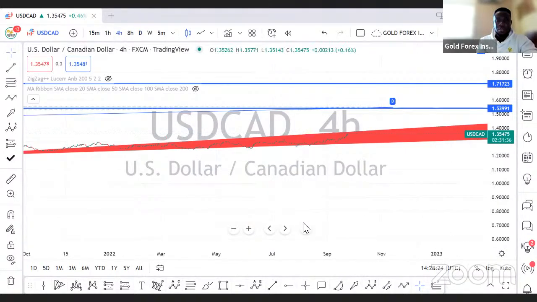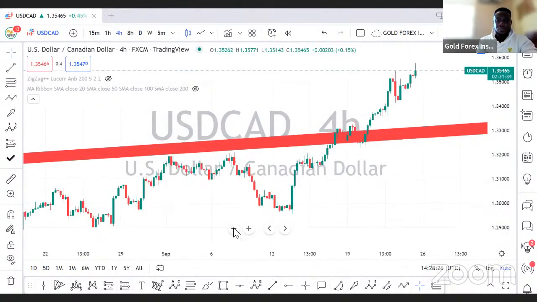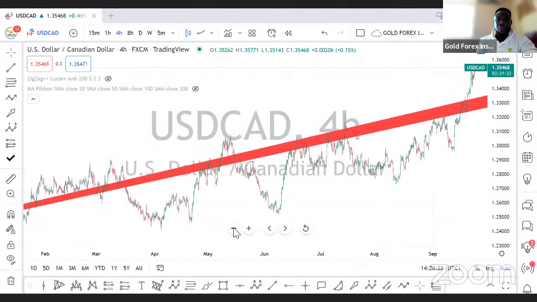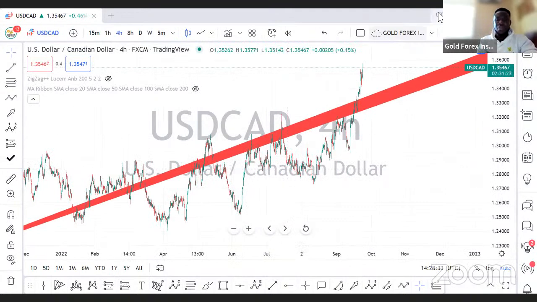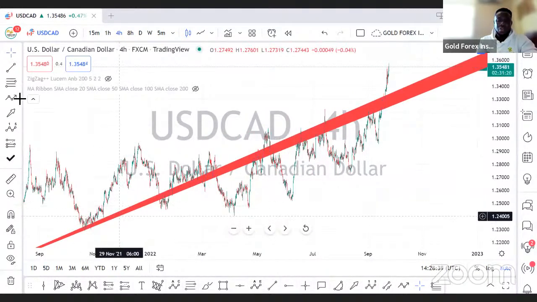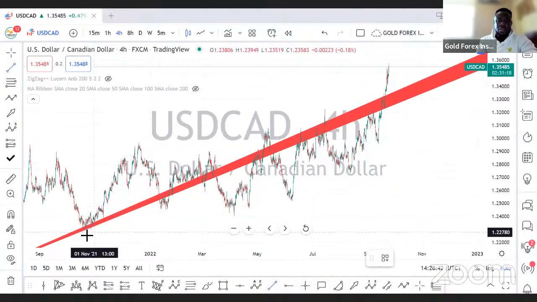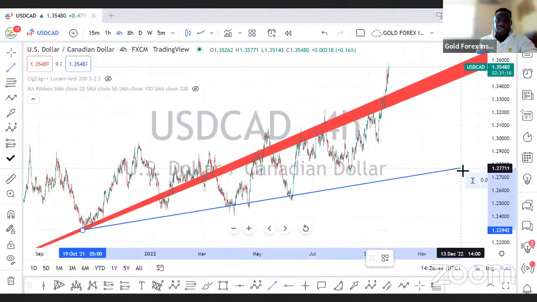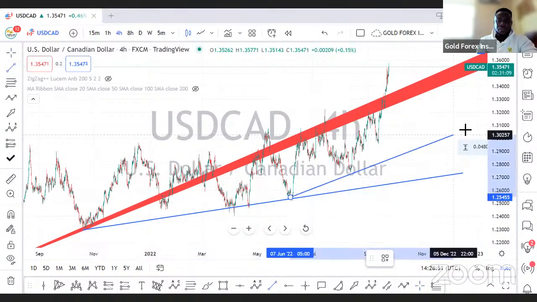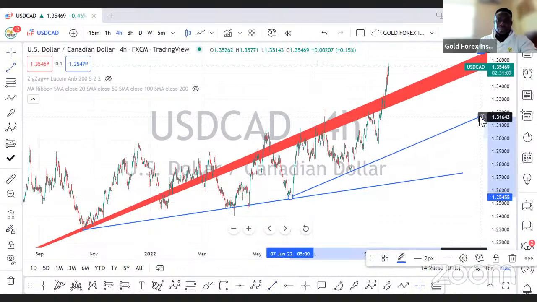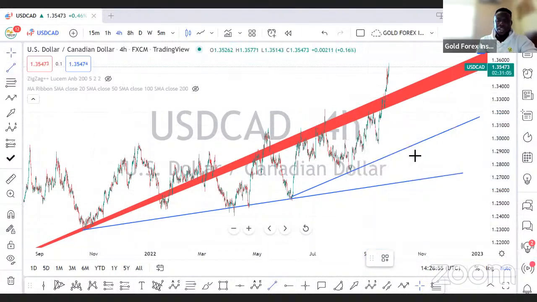Now let's go to the lower time frame. So 4 hour, let's look at 4 hour. It's now overbought. Now it should go up and we should expect another sell move, so that we'll continue with the buy. I'm just drawing the trend lines.